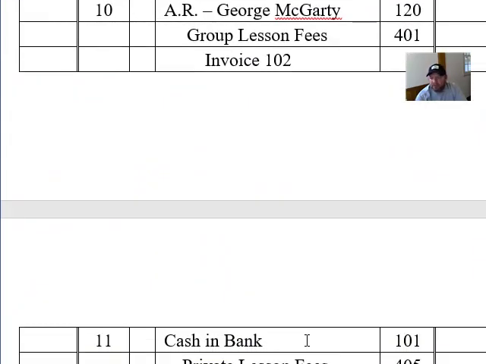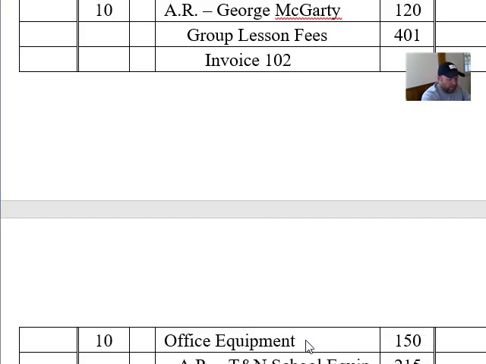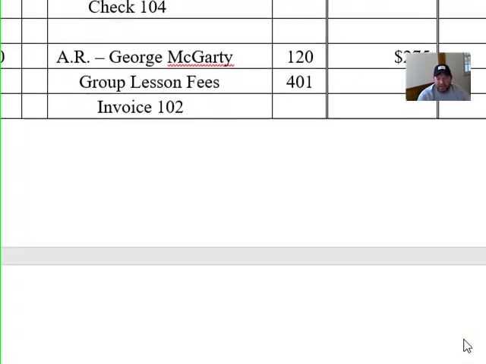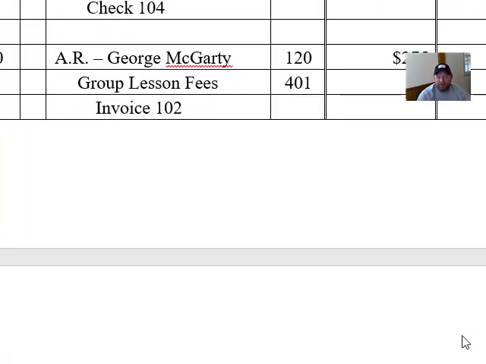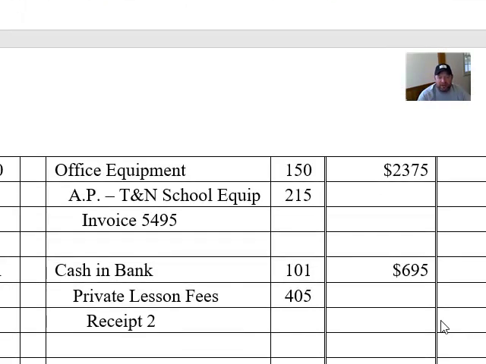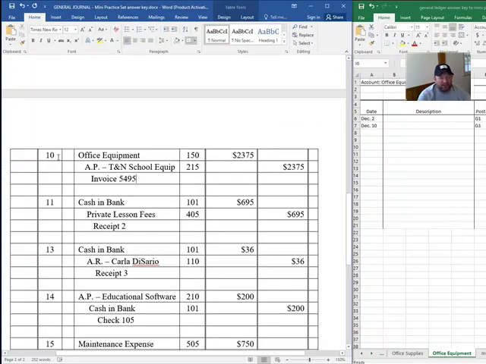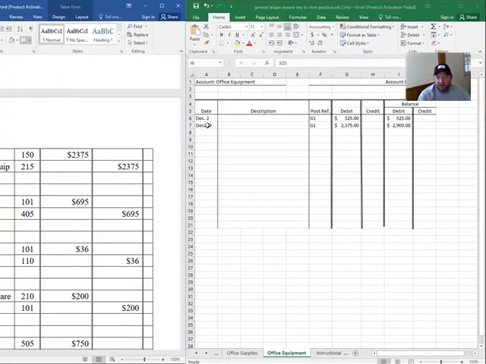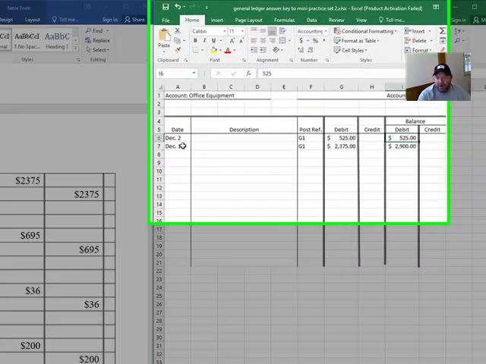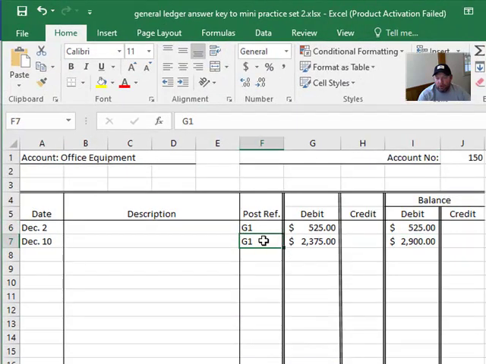Oh, am I missing something here? Sit tight, I'm going to take a quick look. Okay, so the magic of being able to pause, I just took 3 or 4 minutes and updated this General Journal. I had mistakenly left out the second transaction on the 10th, so I just plugged that in. So again, that is December the 10th. We bought some office equipment, and this is now page 2 of the General Journal.